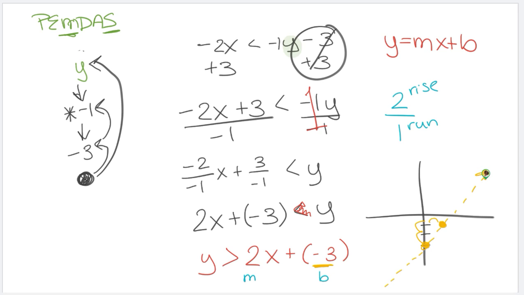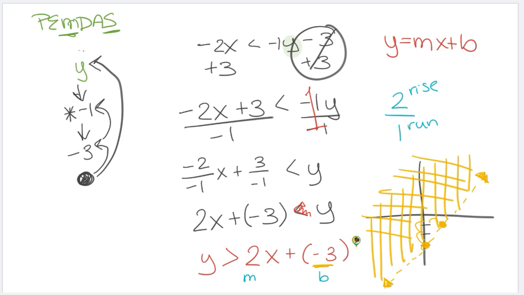So the points on our line are not included in the solution to this inequality. And then because y is greater than that, we are going to shade above our line, okay? So the shading happens above our line.